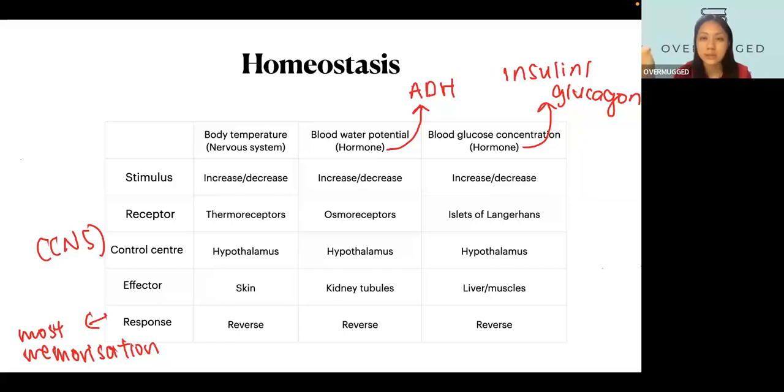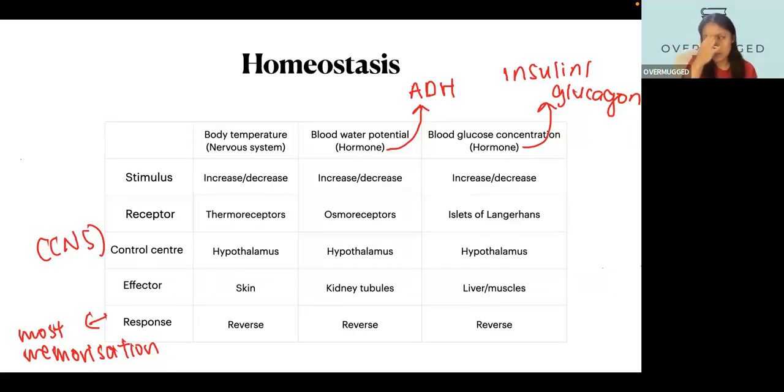So that is the homeostasis process. These are all homeostasis. And when you are thinking of the full answer to write down, all of these can go through your brain: stimulus, receptor, control center, effector, response. If you're able to hit all of these, you probably have a more complete answer.